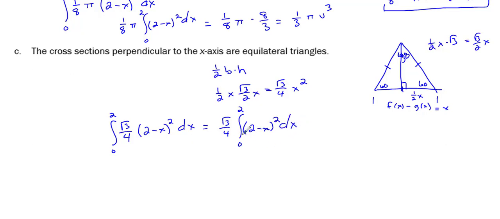We know that answer is 8/3, so √3/4 times 8/3 turns out to be 2√3/3. The confusing part is that x is the distance between the two curves in those formulas. I wish we'd call it something else instead of x.